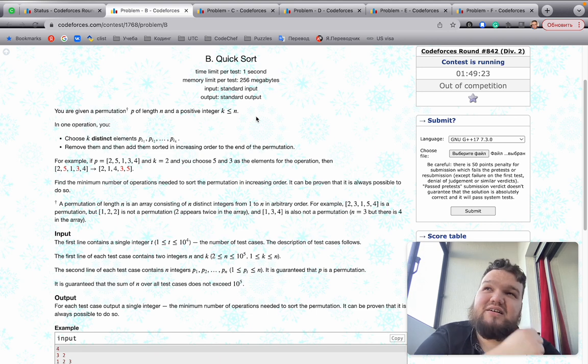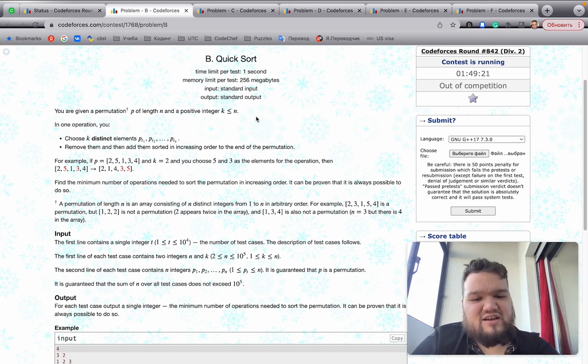We can see that our first m numbers were in the correct relative order, and they stay in the correct relative order. And now in the end, there are numbers m plus 1, m plus 2, and so on up to m plus k. So now the first m plus k numbers are in the correct relative order. And so we can increase m by k until it reaches n.